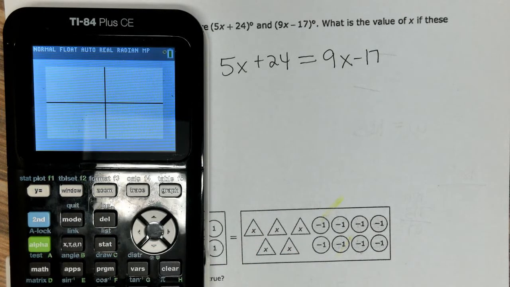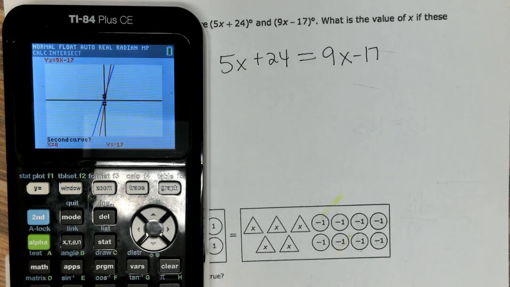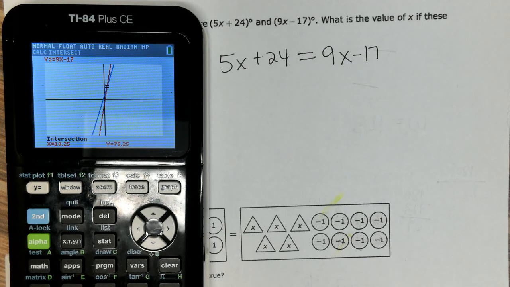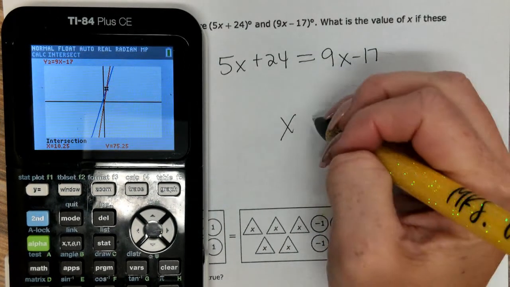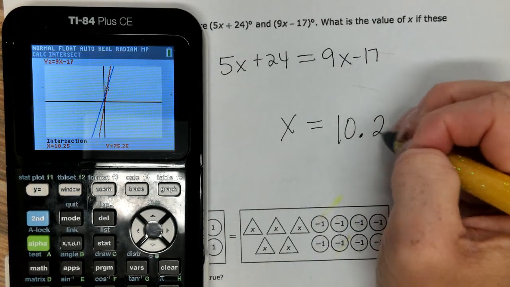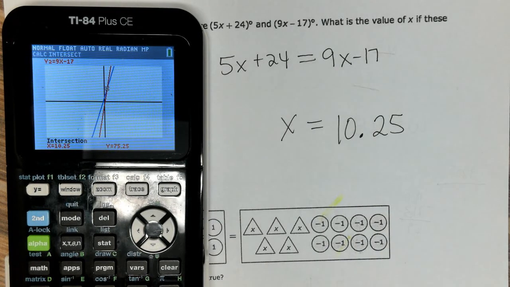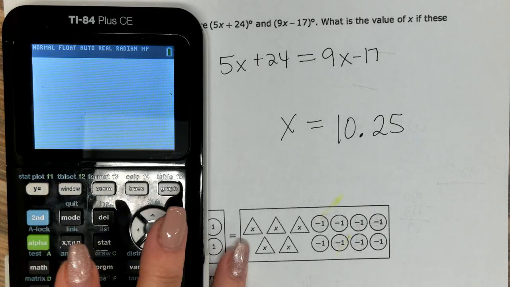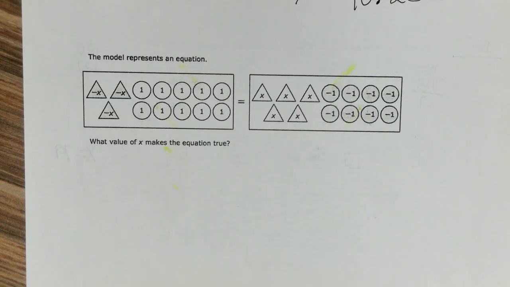Second trace, option 5. Enter, enter, enter, and my answer is 10.25. Easy, right? And this last one, you have to write the equation from the picture.